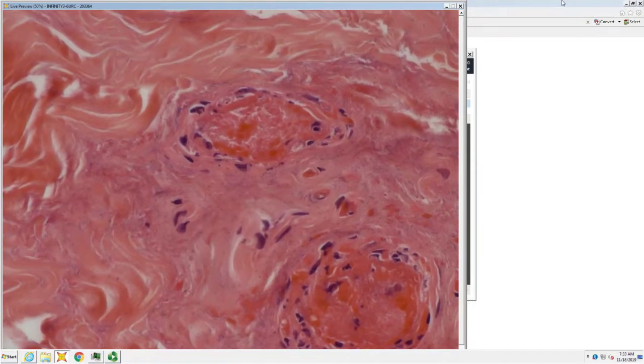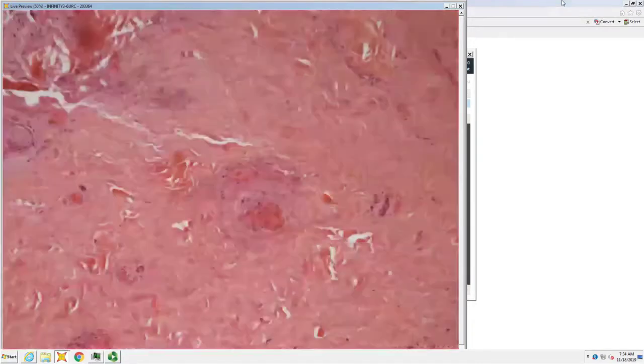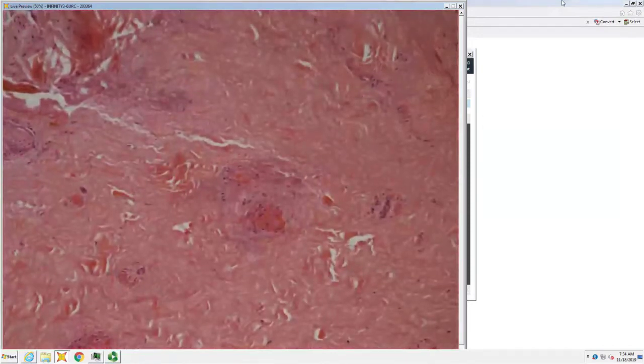Then the fungus also has to be treated. So Zosyn or an aminoglycoside for the Pseudomonas, and then for the phaeohyphomycosis, itraconazole in high doses.